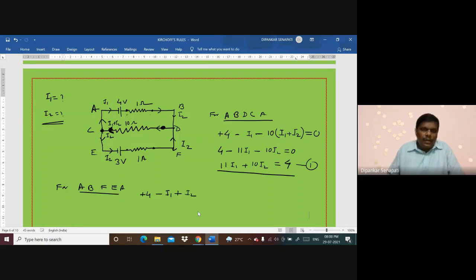Plus I2, and we are going from this to this, from the positive terminal to the negative terminal, so there is a fall in potential: minus 3 is equal to 0.